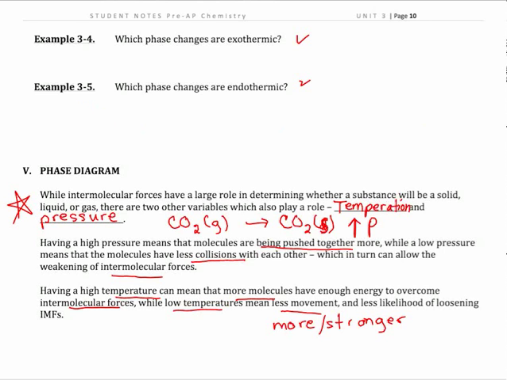So let's see if I can make this a little clearer via some arrow diagrams here. If I have an increase in pressure or a decrease in temperature, I'm going to have more and stronger intermolecular forces.